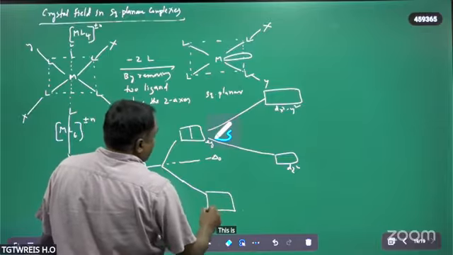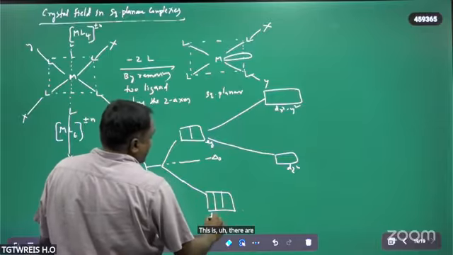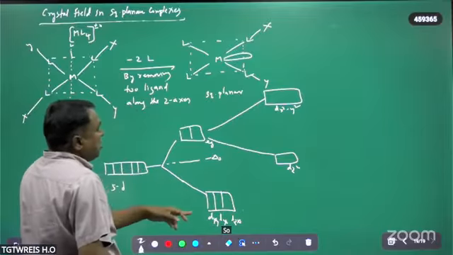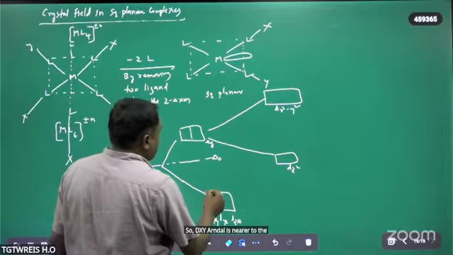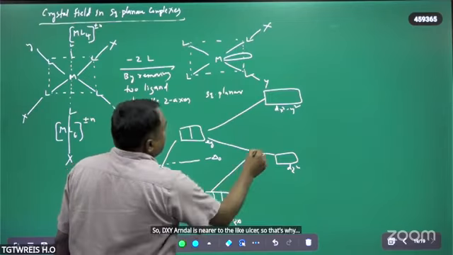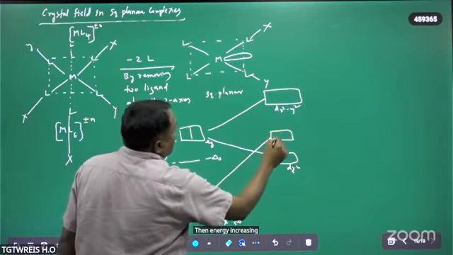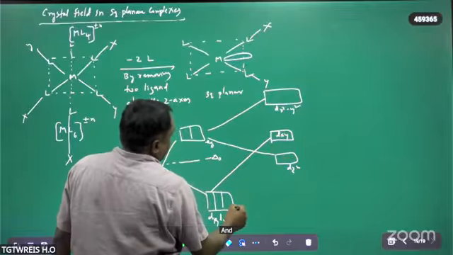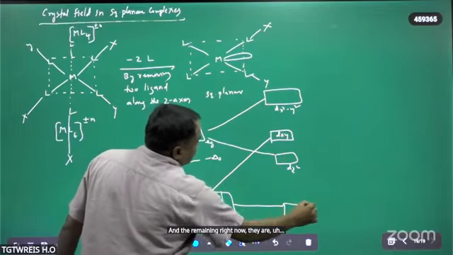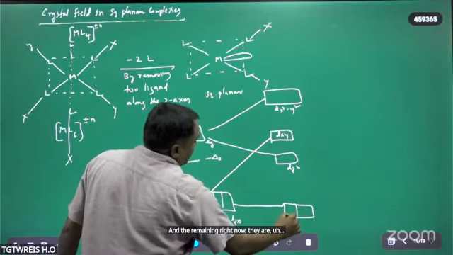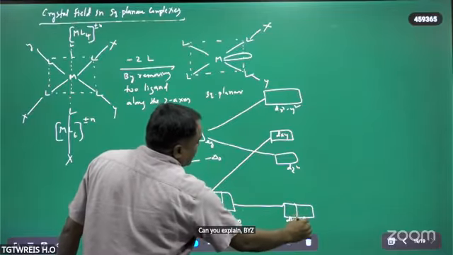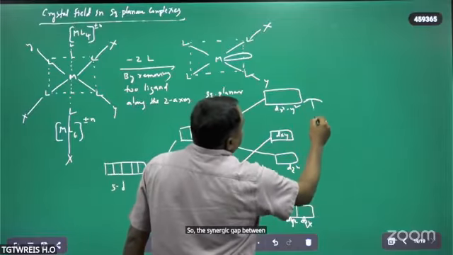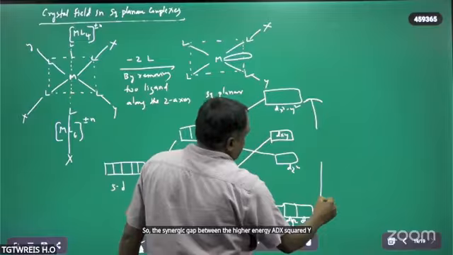There are 3 orbitals: dxy, dyz, dzx. The dxy orbital is nearer to the ligands, so its energy is increased relative to dz square. And the remaining are dyz and dzx. So this is the energy gap between the higher energy dx square minus y square and the lower energy dyz, dzx.